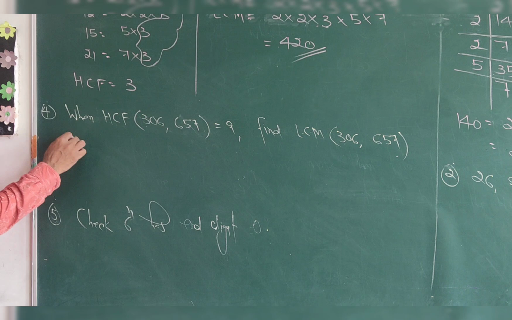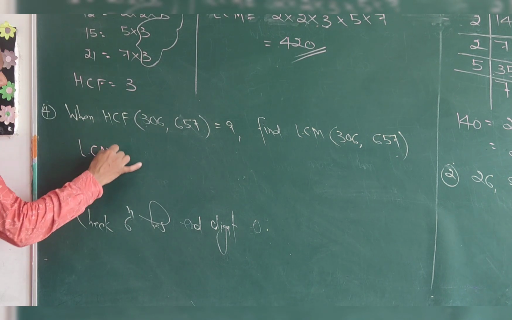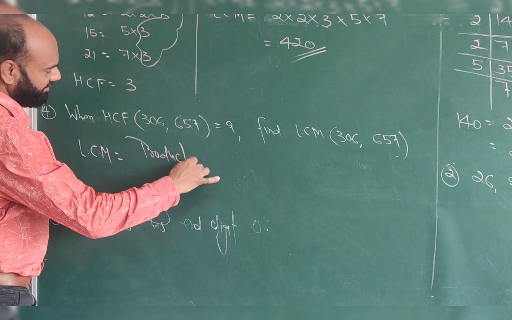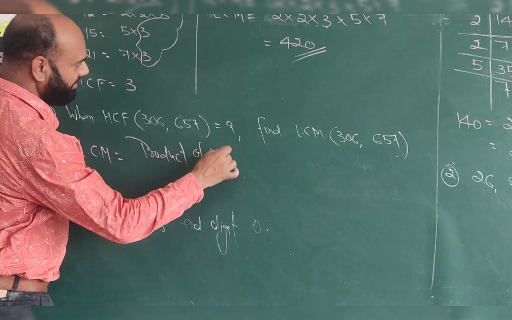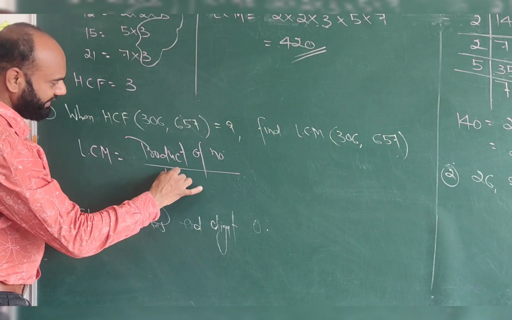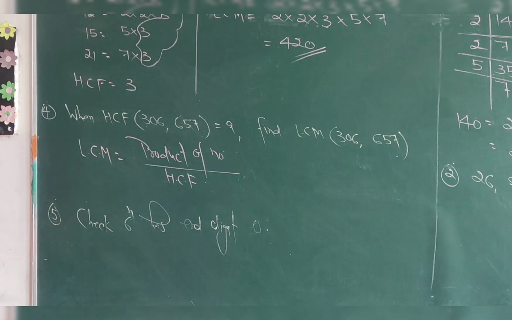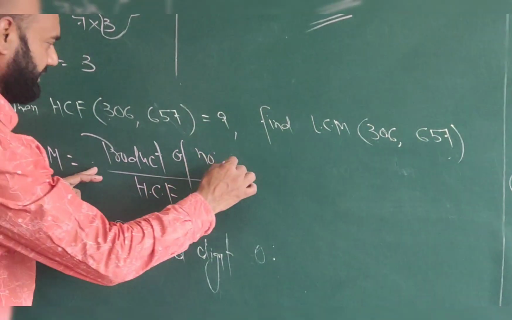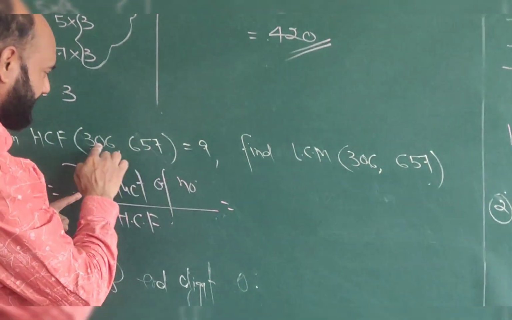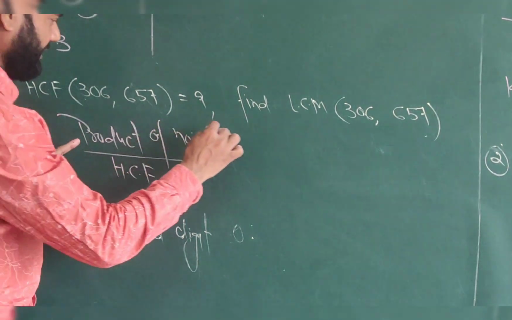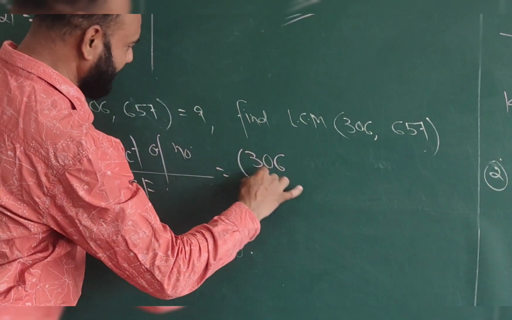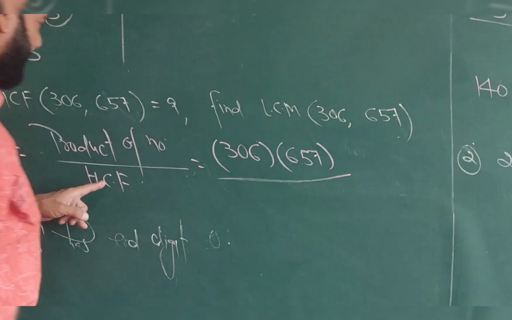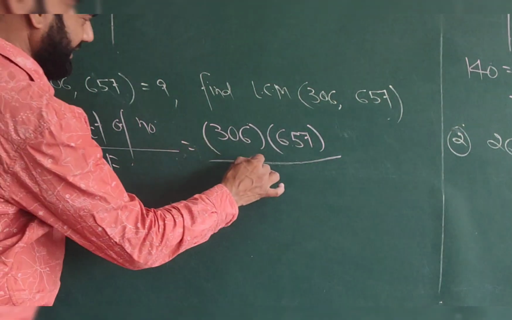And we know the formula: LCM is equal to the product of the numbers divided by the HCF. So we apply this formula here. Given the numbers are 306 and 657, its product is 306 multiplied by 657, divided by the HCF, which is also given, that is 9.